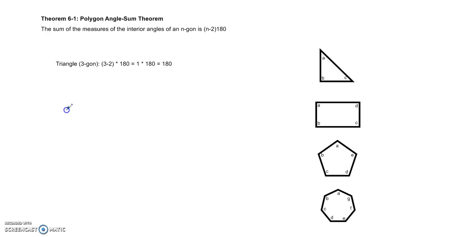So the measure of the interior angles of a four-gon is going to be equal to n minus 2, or 4 minus 2, which is 2 times 180 degrees, or 360. So what we're saying here is, because of this theorem, we know that the sum of angle A, B, C, and D is equal to 360 degrees.